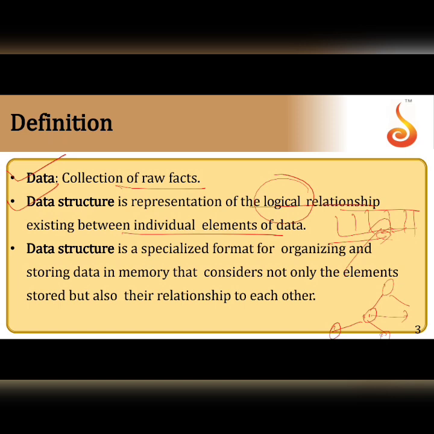Or you can also say it's a specialized format for organizing and storing data in memory that considers not only the elements stored but their relationship to each other. So please go through the definitions.